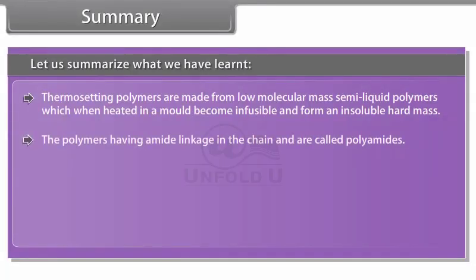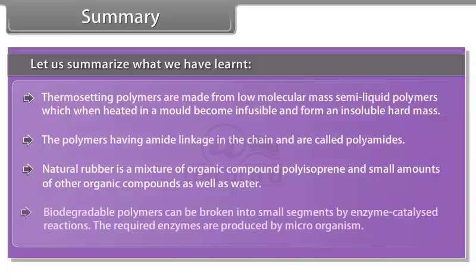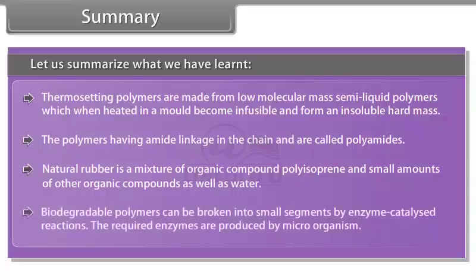The polymers having amide linkage in the chain are called polyamides. Natural rubber is a mixture of the organic compound polyisoprene and small amounts of other organic compounds as well as water. Biodegradable polymers can be broken into small segments by enzyme-catalyzed reactions. The required enzymes are produced by microorganisms.